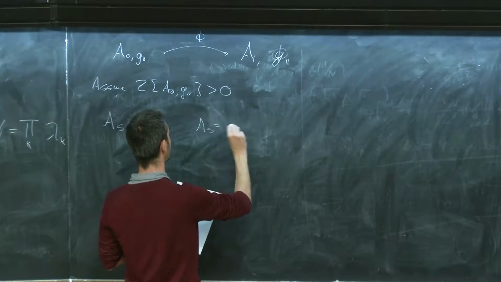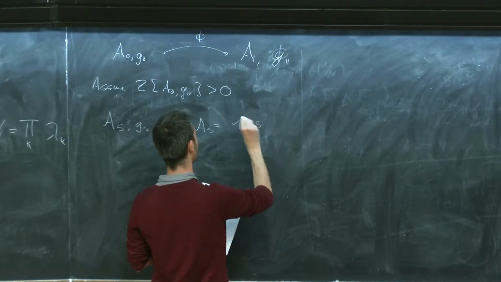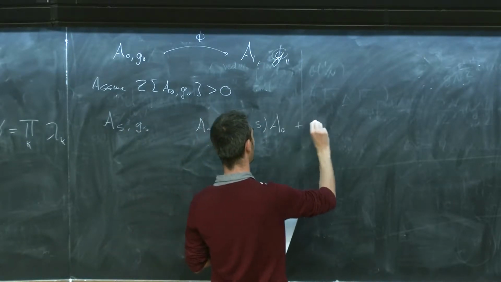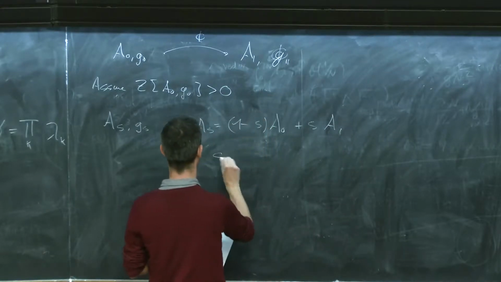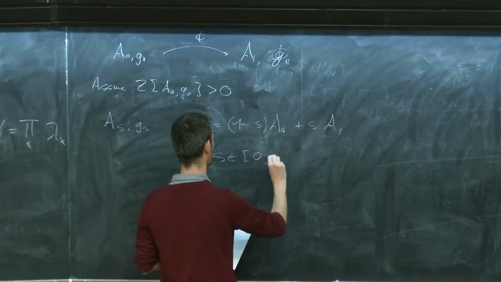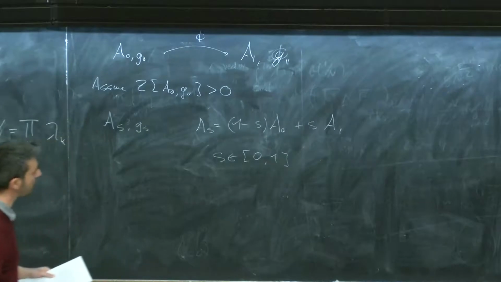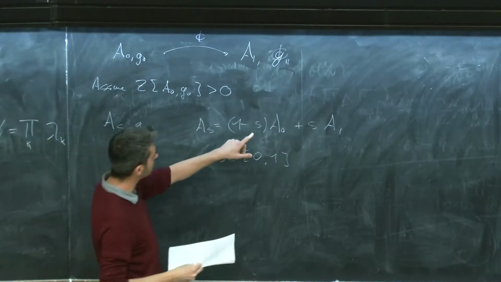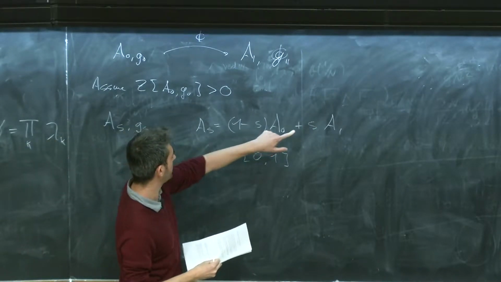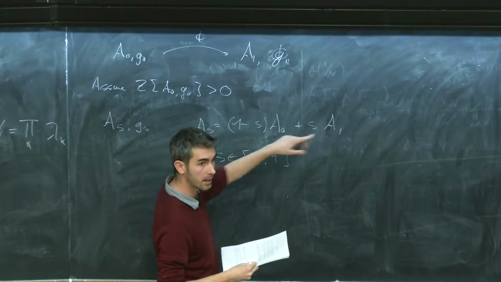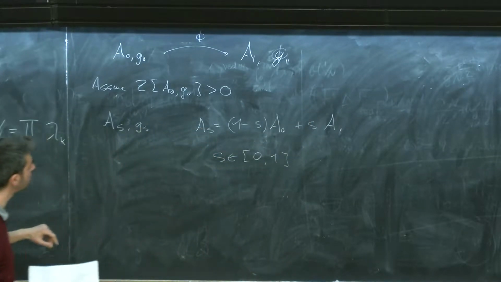So for instance, A_s is just given by (1 minus s) A0 plus s A1, with s that goes from 0 to 1. And we do a similar thing with the metric. So when s is equal to 0, this is just equal to A0. When s is equal to 1, it is equal to A1. And in the middle, it interpolates between the two.